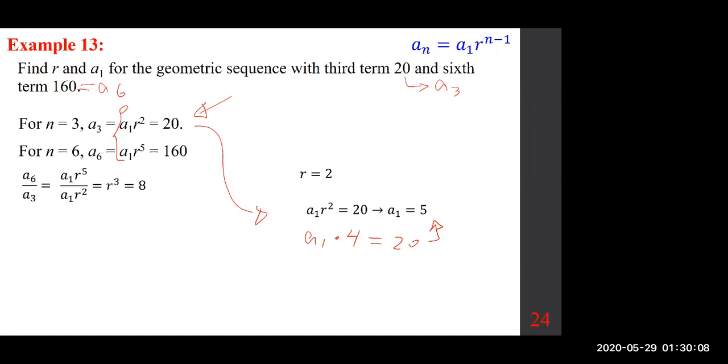All right, the topic that is interesting to look at here regarding geometric sequence is the following.